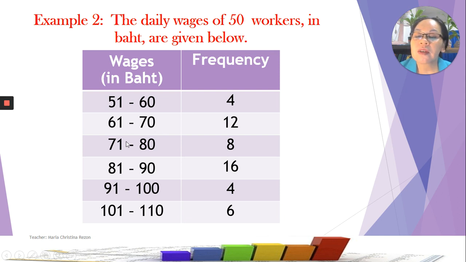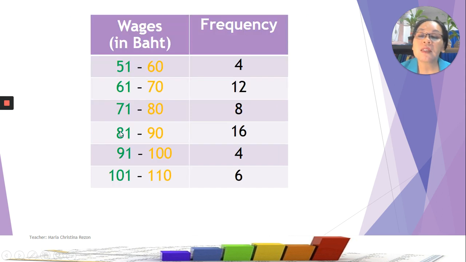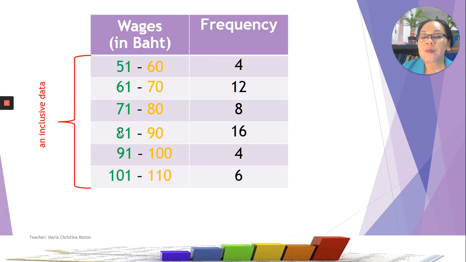Try to observe each of the class intervals here. If you notice that the upper limit of the preceding class interval is not equal to the lower limit of the next class interval. So this data is what we call inclusive data.